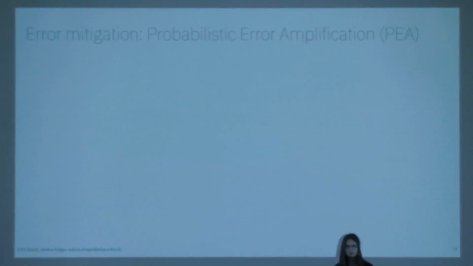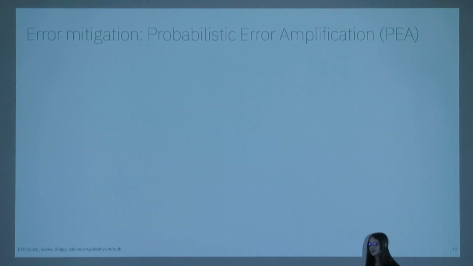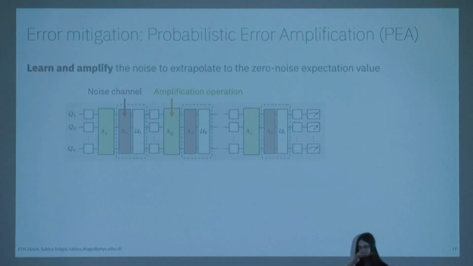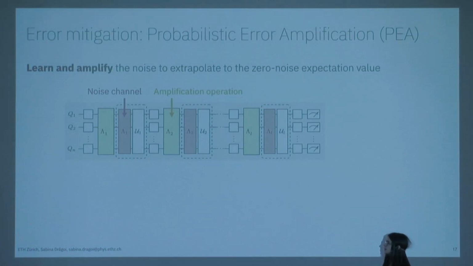So if you thought it's weird to introduce random gates to cancel noise, this is going to be even weirder. It's called probabilistic error amplification. So we're going to have the same setup, the gates U that we want to apply, and the noise lambdas. But now instead of trying to apply lambda to the -1, we're going to add noise. You cannot really erase noise. As we were saying before, it's hard to apply lambda to the -1, but you can always introduce noise.